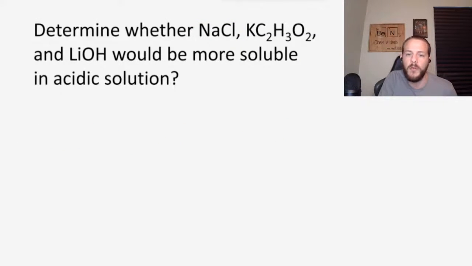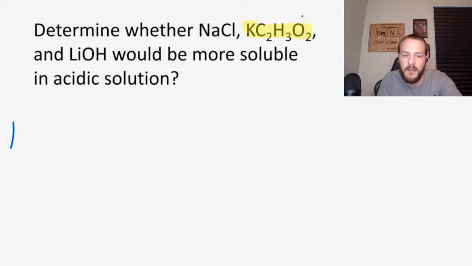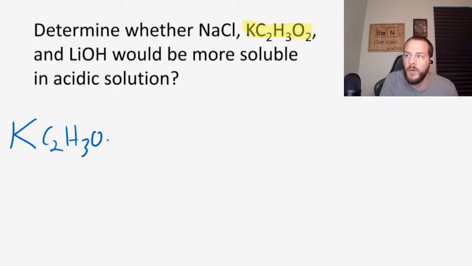Let's move on to potassium acetate. Again, I'd like to write out the equation for the dissolution of potassium acetate. So what we're going to get is the following. We have potassium acetate, that's K C2H3O2, and that's a solid.